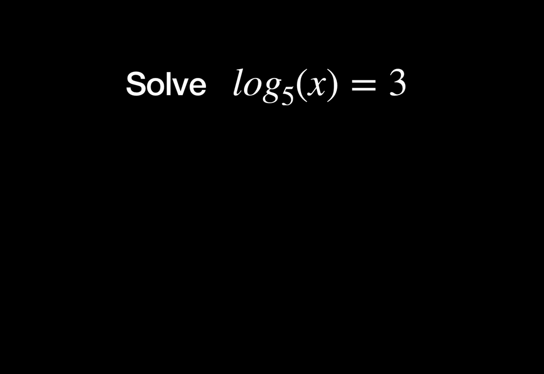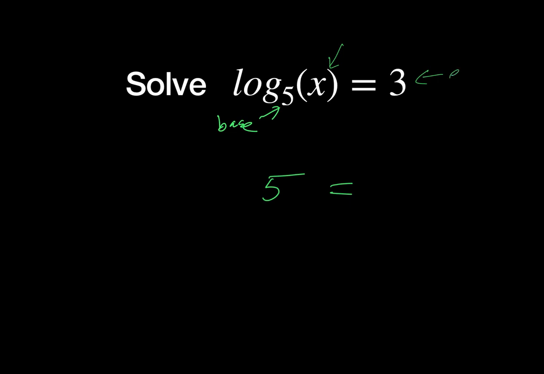Here we got to solve, remembering the relationship between logarithms and exponents. The base of this logarithm is 5, so the base of the exponential equation is going to be 5. The exponent in a logarithm, right, this is the base, this is something, and this is something. Do you remember which one's the exponent?